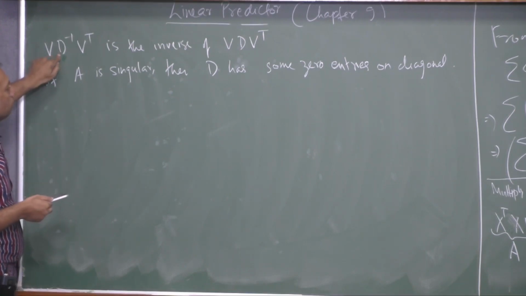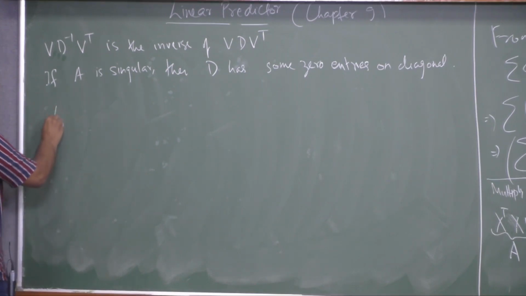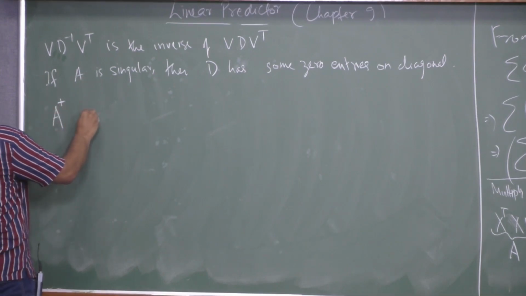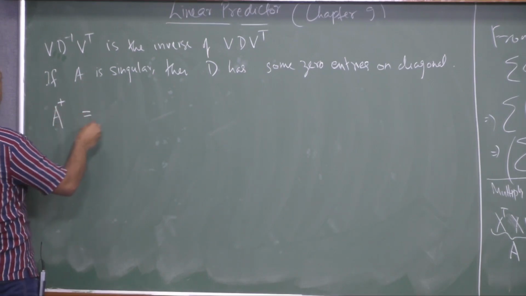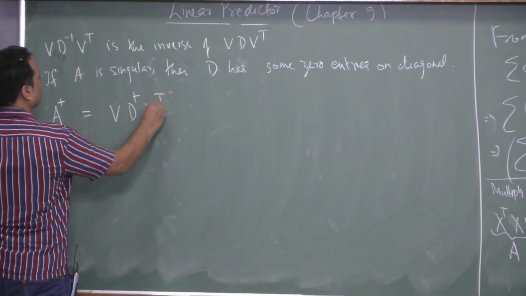So what will you do? In that case, the pseudo inverse is when you don't touch the zero ones, only invert the non-zero ones. What is the notation? A dagger is the usual notation for pseudo inverse, and for D inverse they also use dagger. So A dagger is V D dagger V transpose.